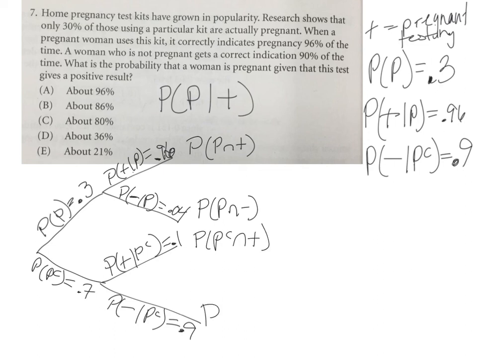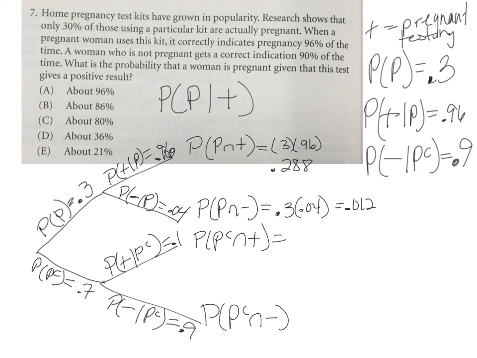And then the last one is your probability of P complement and a negative. Now we multiply those together. We get 0.3 times 0.96, which is 0.288. And this is the 0.3 times 0.04, which is 0.012. This is the 0.7 times 0.1, which gives me 0.07. And this probability is 0.7 times 0.9, which is 0.63.